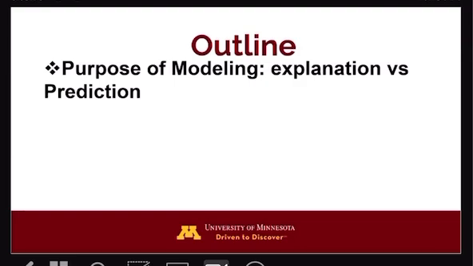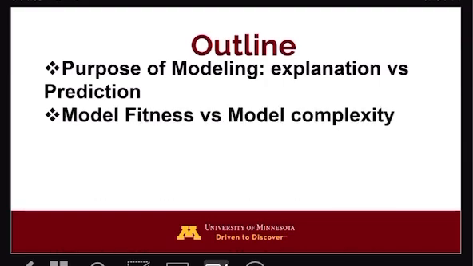If you use a metric of evaluation for model explanation for model prediction, then you're getting it wrong. Or if you use a metric of evaluation for model prediction for model explanation, you're also getting it wrong.